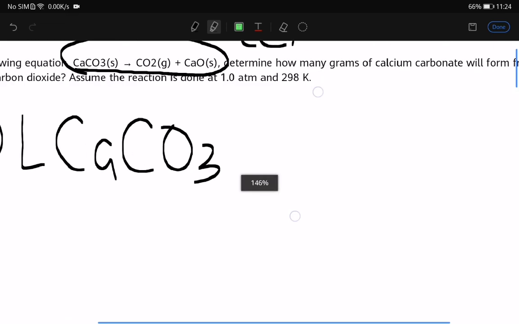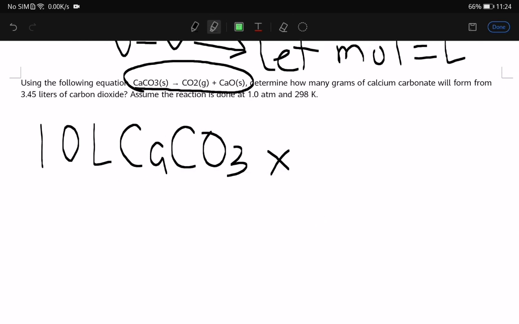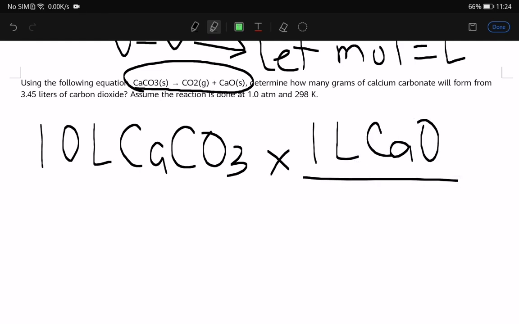Simple: 1 liter of calcium oxide over 1 liter of calcium carbonate.